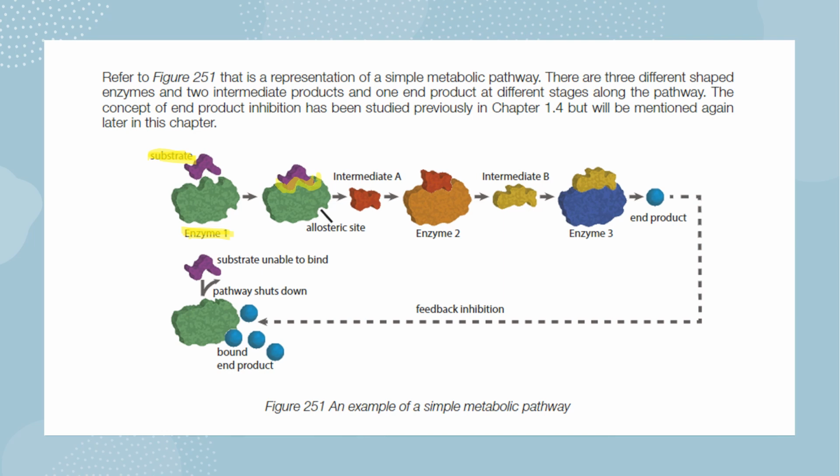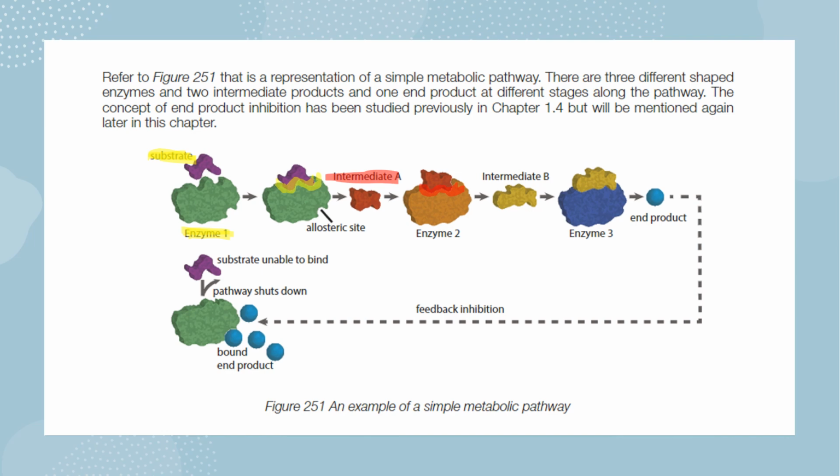All right, it then says we have an intermediate A. So intermediate just means a new product, but it's not the end product of this metabolic pathway. So it's still a product, but it becomes our new substrate for the next reaction.